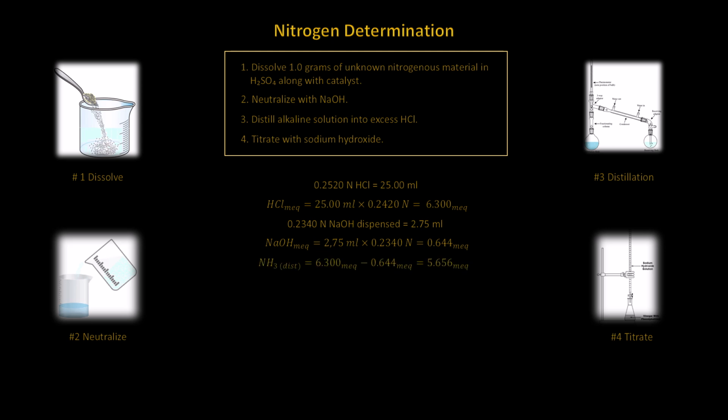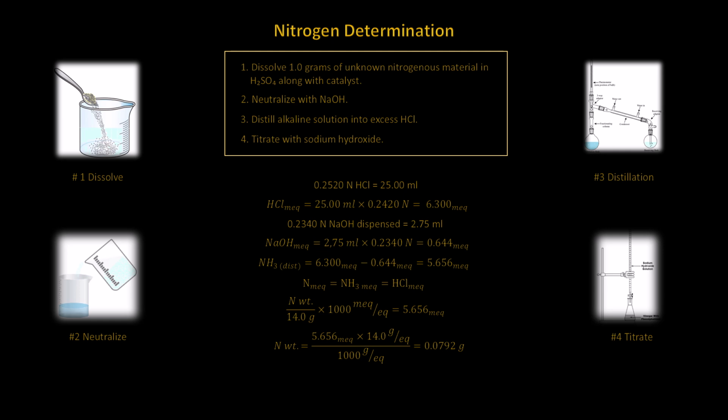The amount of ammonia collected would equal the 6.300 minus the 0.644, which equates to 5.656 milliequivalents for the ammonia distilled and captured. The milliequivalent of ammonia is equal to the hydrochloric acid, which is equal to the milliequivalence of the nitrogen.